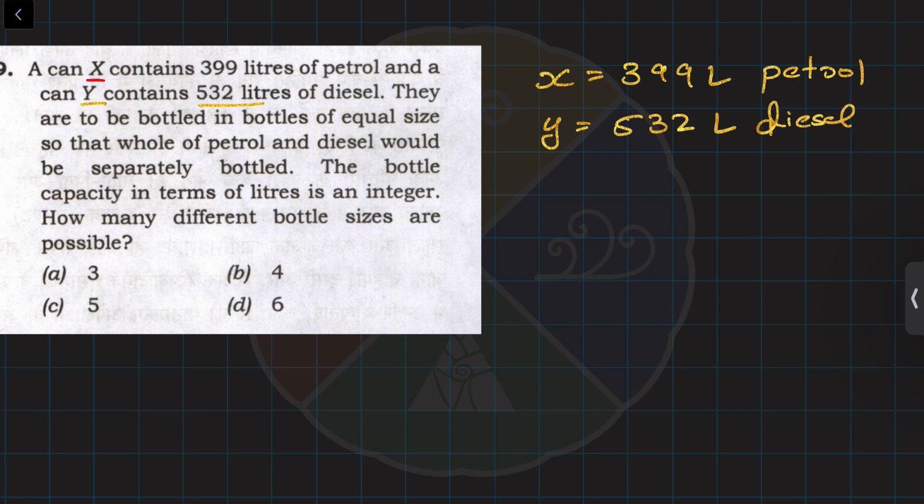They are to be bottled in bottles of equal sizes, so that the whole of the petrol and diesel can be separately bottled. The bottle capacity in liters is an integer, like 1, 2, 3, something like that. How many different bottle sizes are possible?